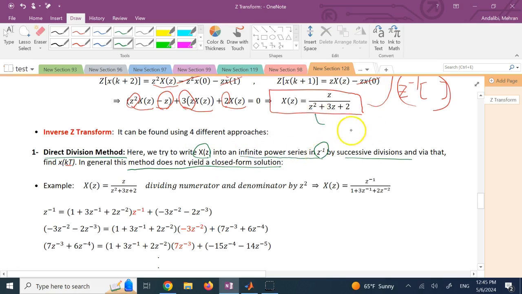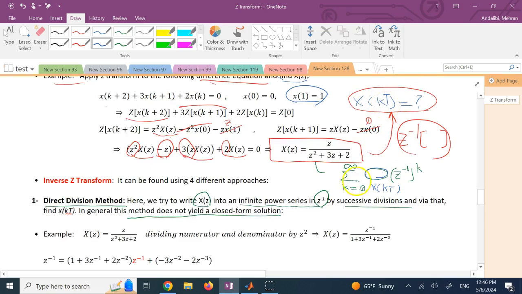So if you write this as the summation of k from 0 to infinity of something times z to the negative k, in terms of increasing powers of z minus 1, then of course based on the definition of z transform, whatever that something is, it has to be x of kT. And that is exactly what you want.